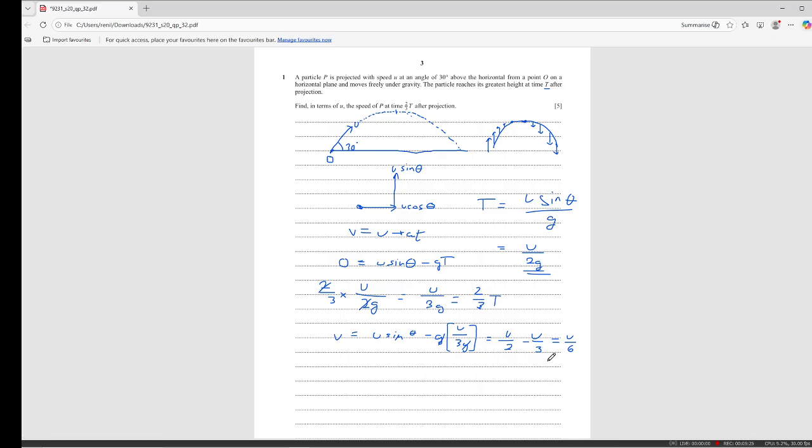So we know that the vertical velocity is u by 6 at the instant when t equals 2/3 t.